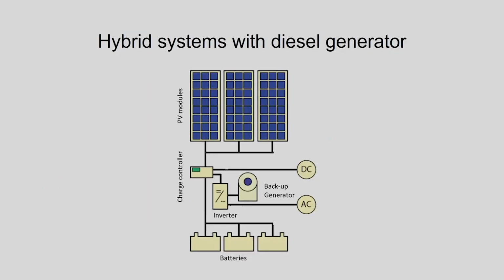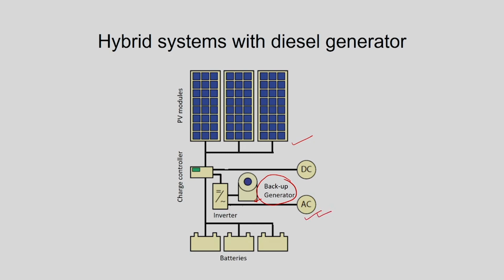One more configuration we have: suppose in a single day we do not have enough sunlight, then the energy generation by the PV module will be very low. Under those conditions, in order to meet the demand, we need some kind of backup system. Here we have shown a generator backup system, coupled with the existing connections, so that we can meet the demand during cloudy or rainy days.